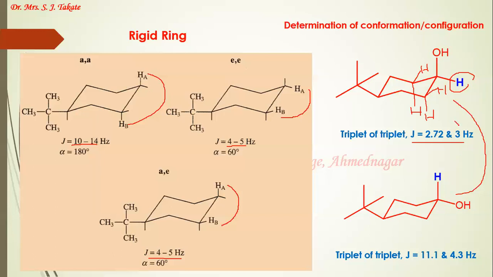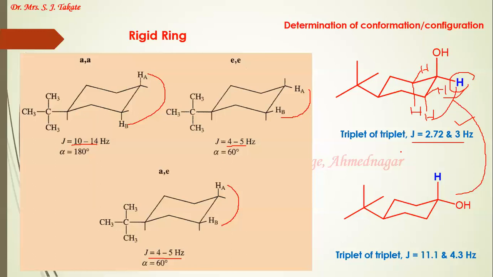That is, this 3 hertz coupling constant value is equatorial coupling, and this 2.72 hertz coupling constant value is because of the equatorial axial coupling, and we get a triplet of a triplet. Triplet because two equatorial neighbors, and another triplet because two axial neighbors. So triplet of a triplet with smaller coupling constant values 2.72 and 3 hertz because the dihedral angle is 60 degree.